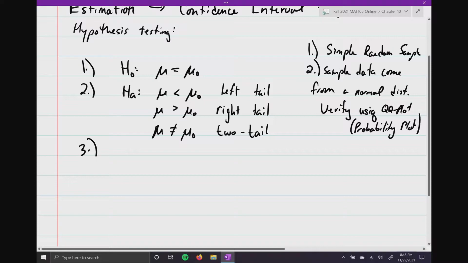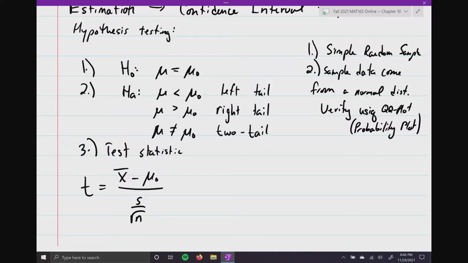All right. So if we can verify this, then step 3, which is our test statistic, is going to be T equals X bar minus mu naught, which is our initial mu value that comes from our null hypothesis, all over S divided by the square root of N, which should look really familiar because this is basically the Z test statistic.